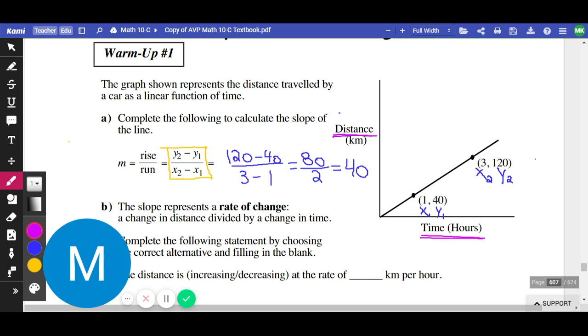So in our case, I would have kilometers on the top, that's my y values, divided by hours, which is my x. And that gives you context to what your slope actually was. My slope isn't 40, it's 40 kilometers an hour. So we actually were figuring out how fast they were driving the whole time.